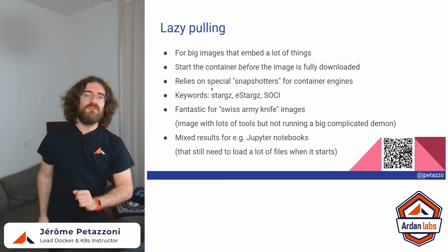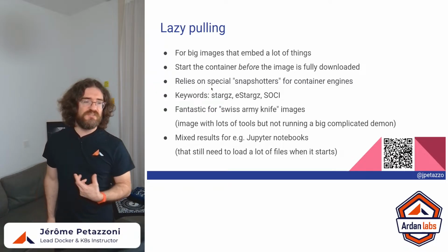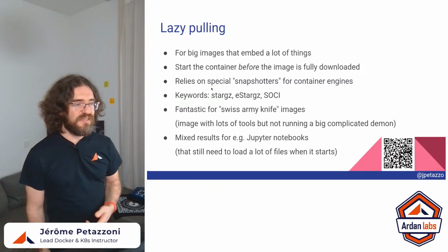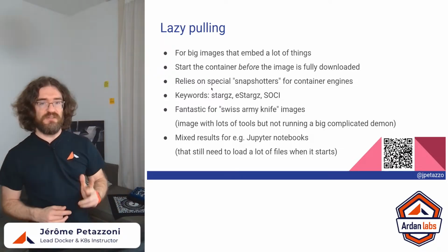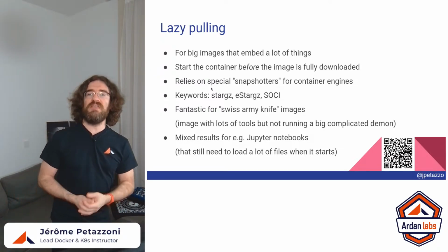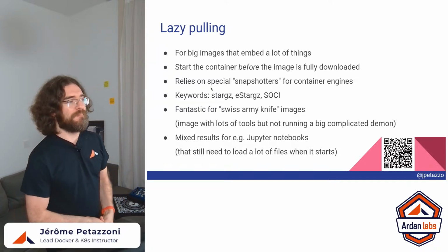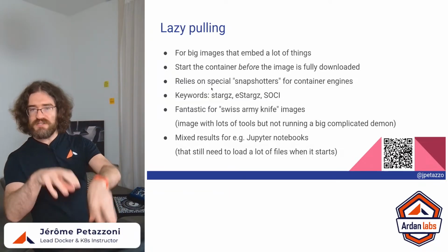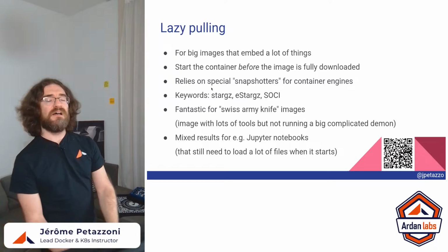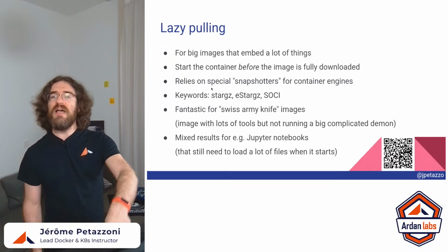Okay, so to be clear, to do that, you need to build your images in a special way. You can't just get a random image and say, hey, lazy pulling. No, you need to rebuild the image so that it is in a special format. And if you want to look more into that, these are the keywords that you need to put in your search engine: stargz or stargazer, that's seekable stargz.